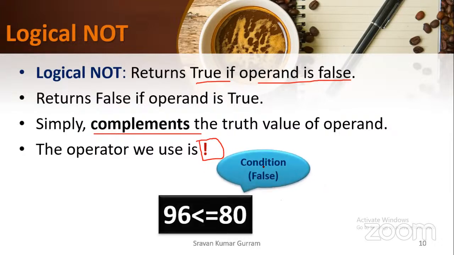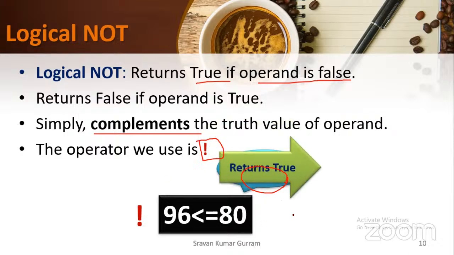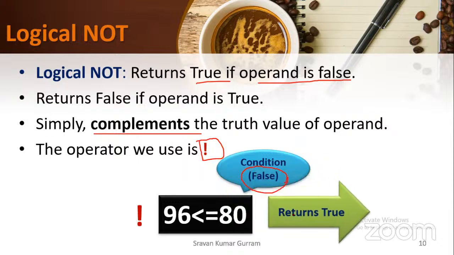Now see, for example, I have the condition 96 less than or equal to 80. In this case, the truth value of this condition is false. But if you write not before this condition, the truth value becomes true because the logical not is used.